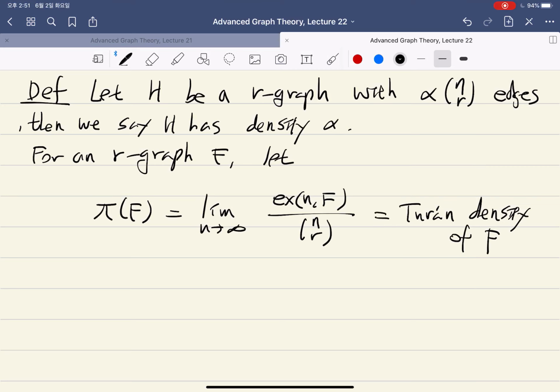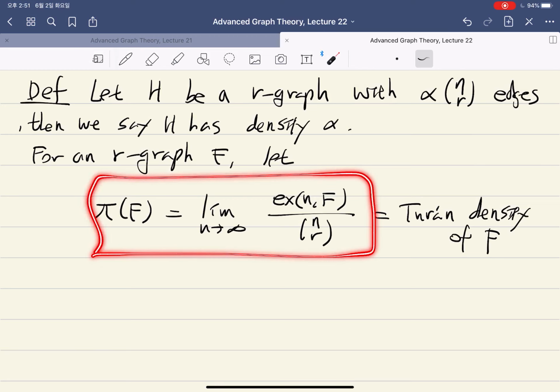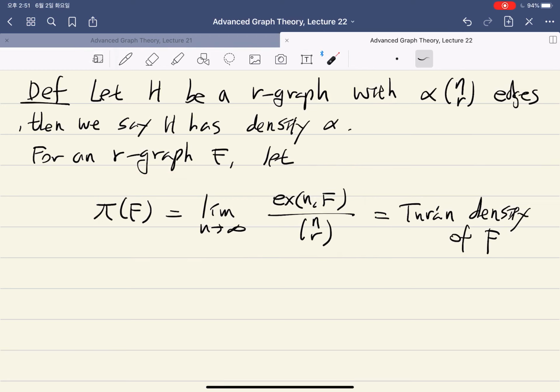So if this value exists, then this is the Turán density.